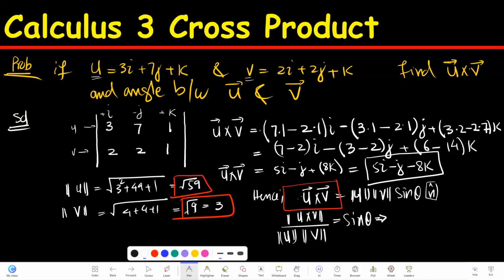From here, what is the u cross v magnitude? It is going to be 25 plus 1 plus 64. What is the answer when you solve this?